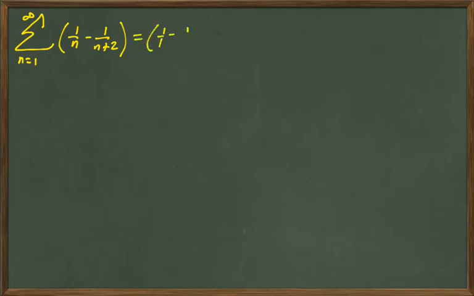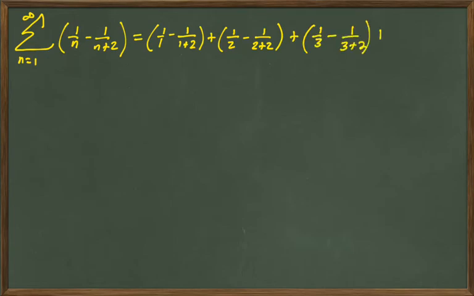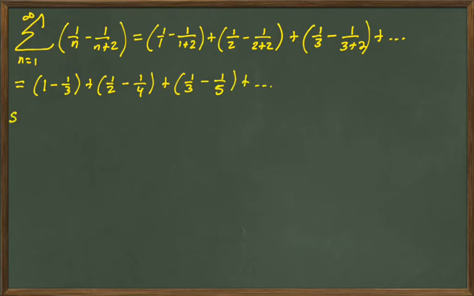This is equal to 1 over 1 minus 1 over 1 plus 2, plus 1 over 2 minus 1 over 2 plus 2, plus 1 over 3 minus 1 over 3 plus 2, plus dot dot dot. So 1 minus 1/3 plus 1/2 minus 1/4 plus 1/3 minus 1/5 plus etc. Now the only thing that you see absorbing is the 1/3.